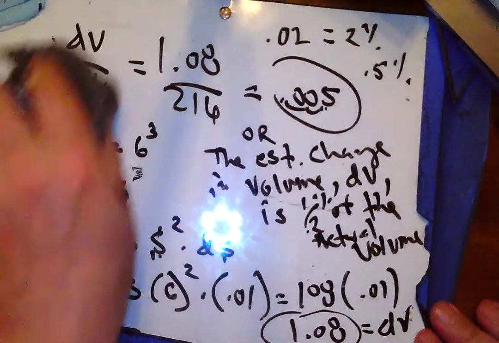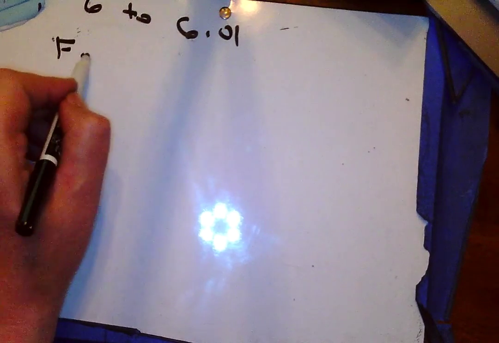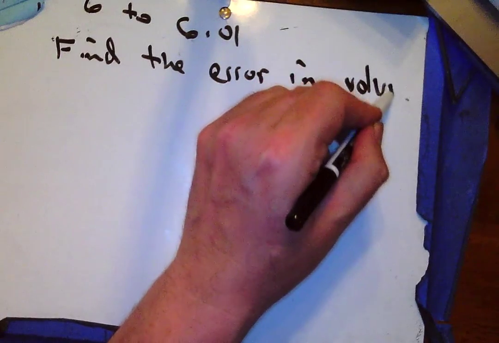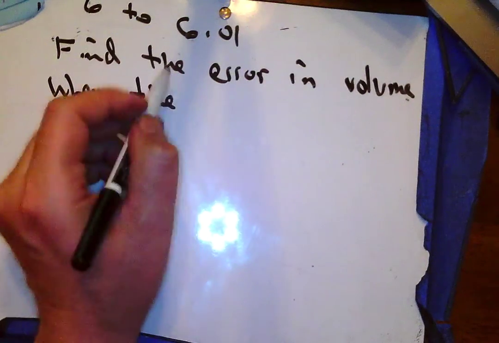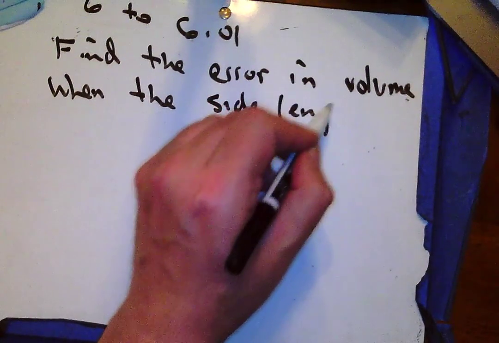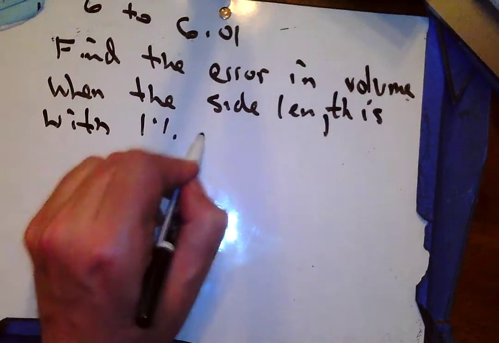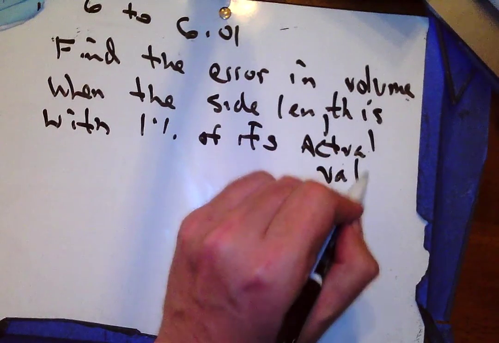Okay, next. Same problem, right? We're still talking about this cube whose sides go from 6 to 6.01. And now they say, find the error in volume when the side length is within 1% of its actual value.